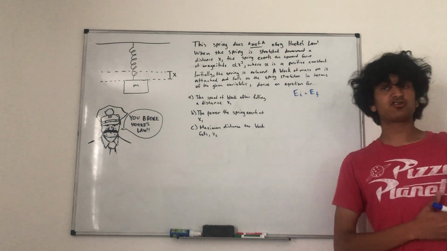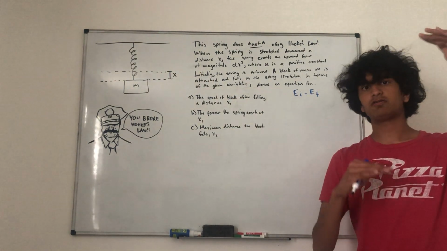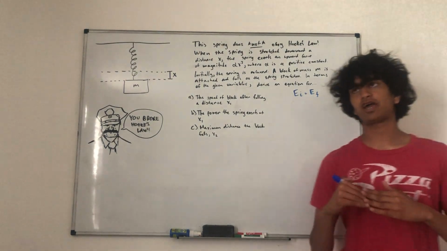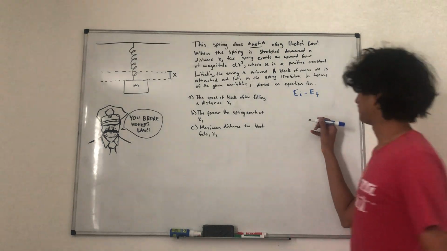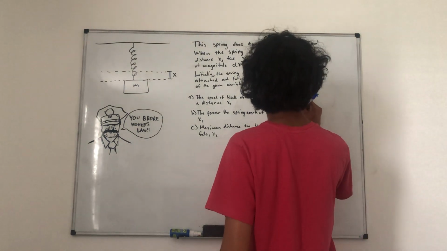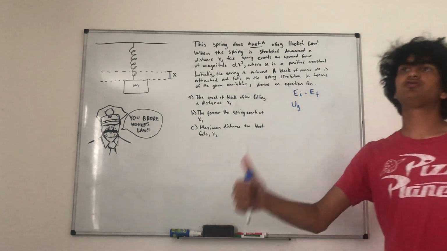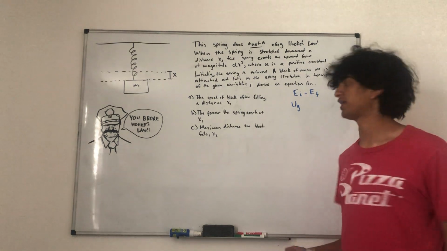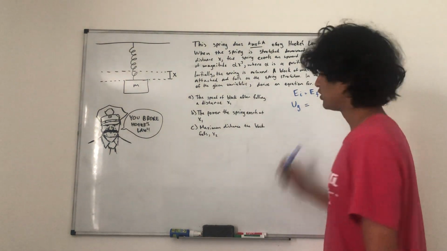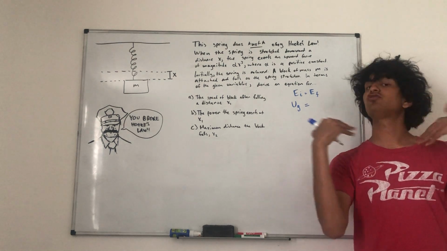Initially, at point A, before it starts falling, it's going to have some UG, some potential energy relative to x1. The spring is not stretched, so there's no energy stored in the spring, and it's not moving, so there's no kinetic energy. Afterwards, relative to x1, there's no UG.